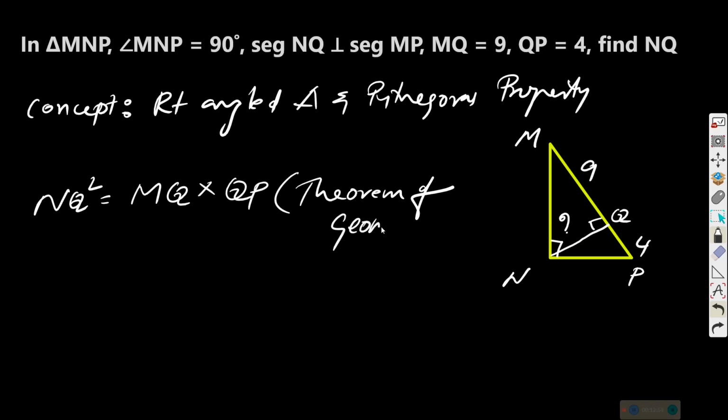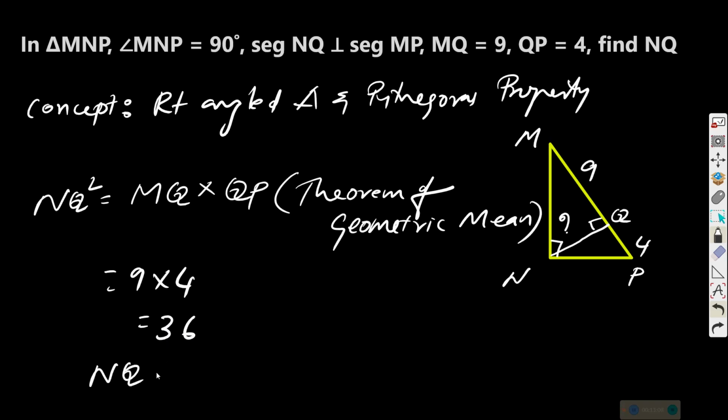In fact, this theorem we have studied and that we are applying here, and QP is given. So MQ is 9, QP is 4, and NQ square is equal to 36, and NQ is equal to simply root of 36. So sometimes it will be as simple like this, applying straight away.